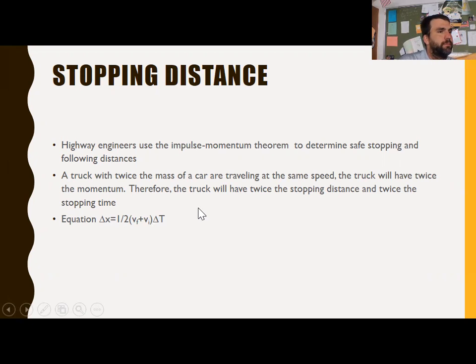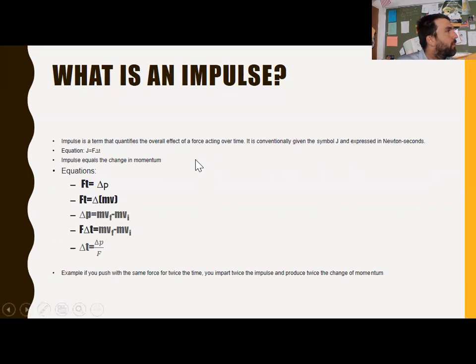Backing it up from the last slide, if I want to look for stopping time, I'm going to use probably this 4th equation right here, and just divide it by F, okay? So delta T would be M VF minus M VI divided by F. So that would be for stopping time.